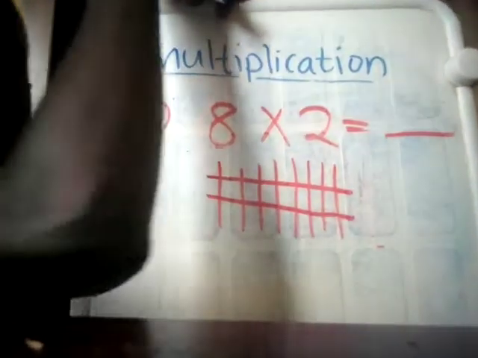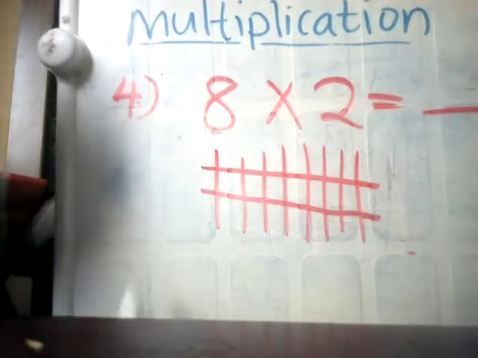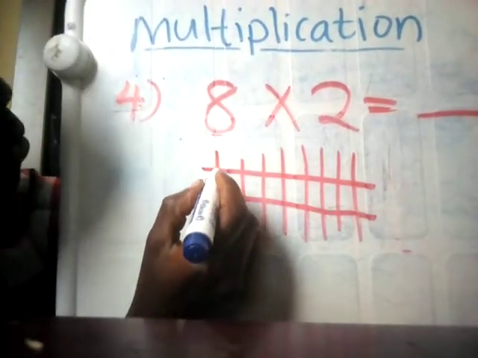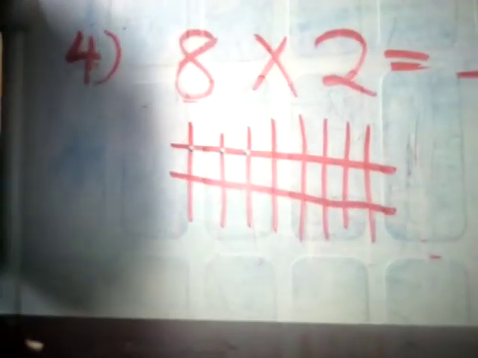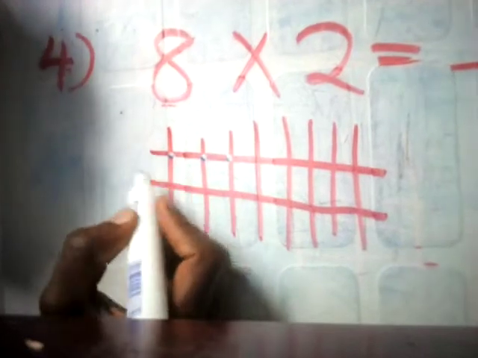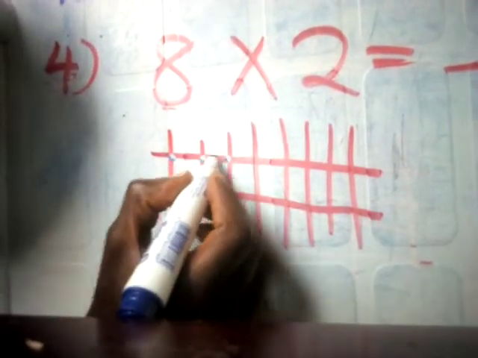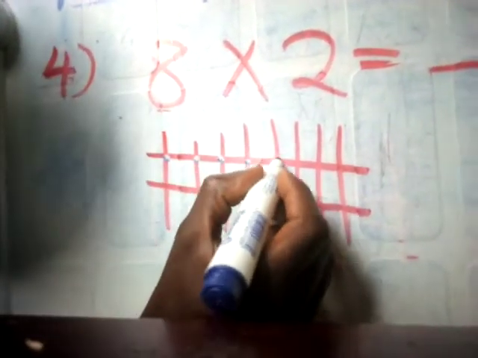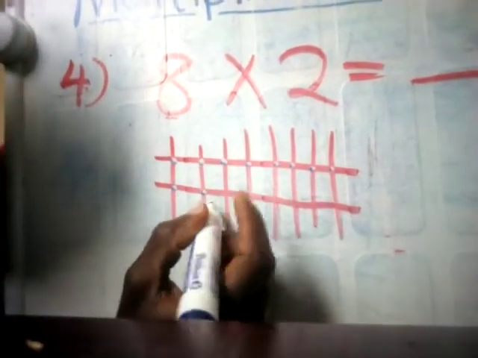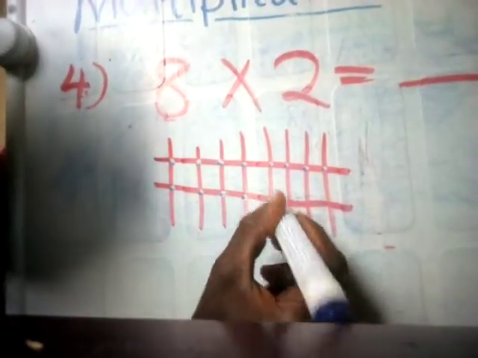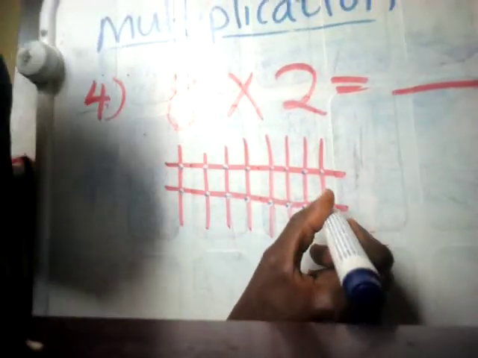Then we count all the points where the rows and the columns have met. Let's count all the points together. 1, 2, 3, 4, 5, 6, 7, 8, 9, 10, 11, 12, 13, 14, 15, 16.